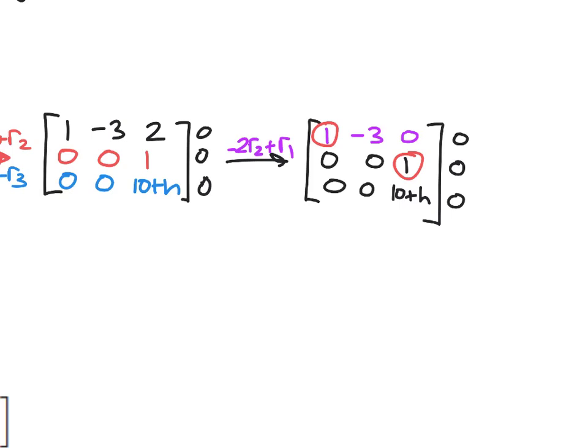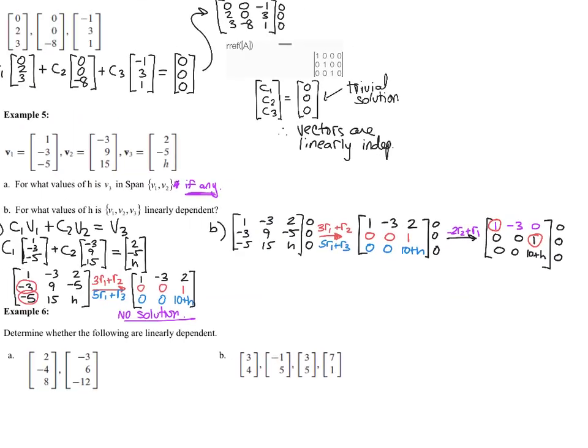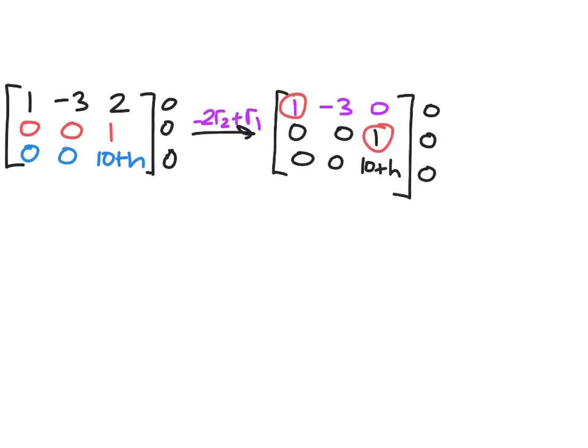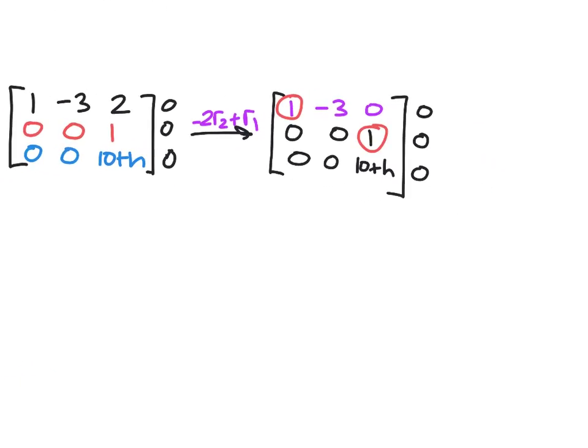All right, so I can define this in terms of my -3. So now I just got to remember what my original variables were. So C1, I can now state that C1 is equal to 3C2. I can state that C3 is equal to 0.